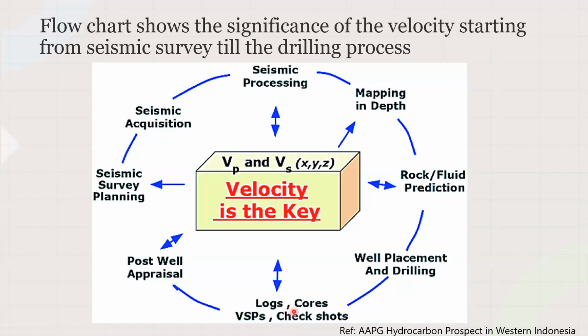And also the logs, cores, VSP, and check shot will help the post-well appraisals and seismic survey planning, because based on the subsurface velocity, you can define the seismic survey as well, which is about the acquisition. So the velocity is actually the key for everything. When you are a geophysicist, you have to be very sure about the velocity.